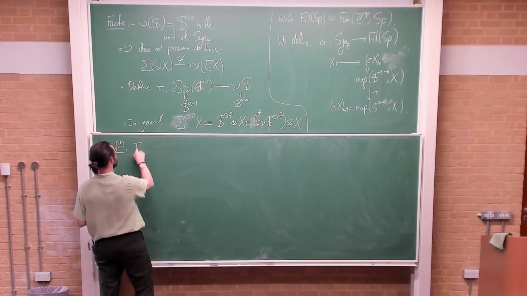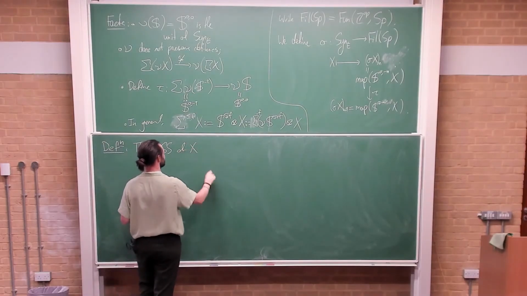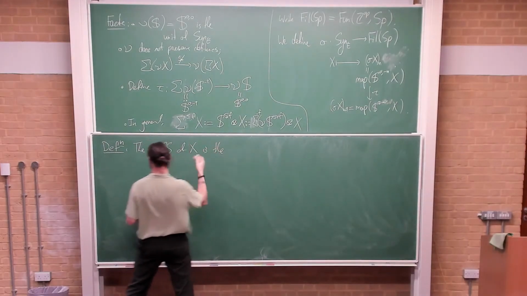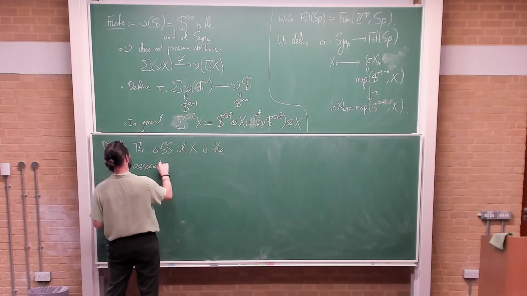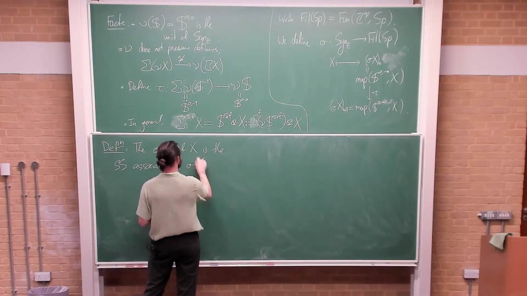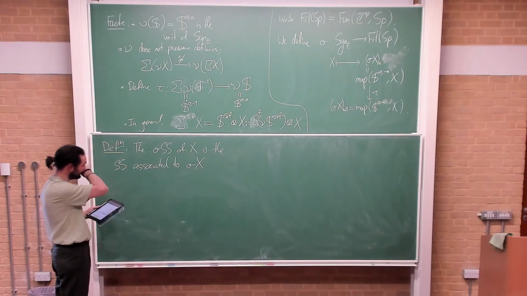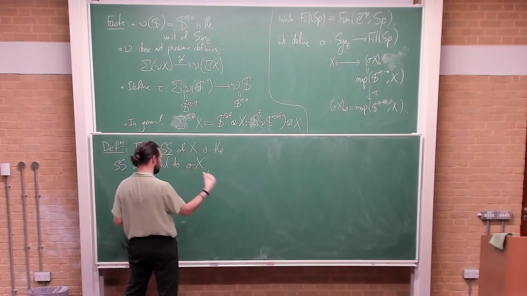Okay, so the signature spectral sequence of X is the spectral sequence associated to this synthetic analog, the signature of X. And so what form does this take?